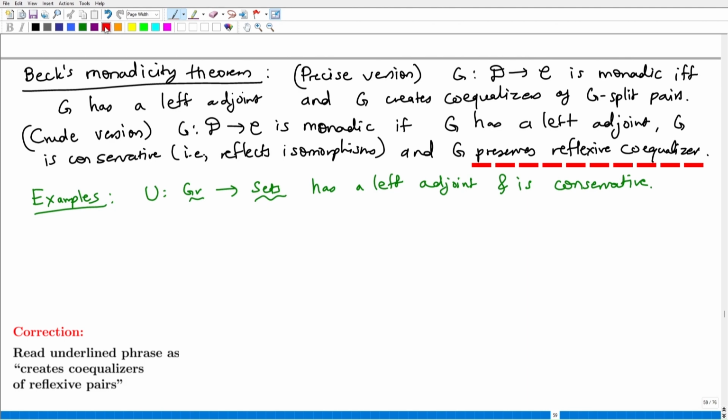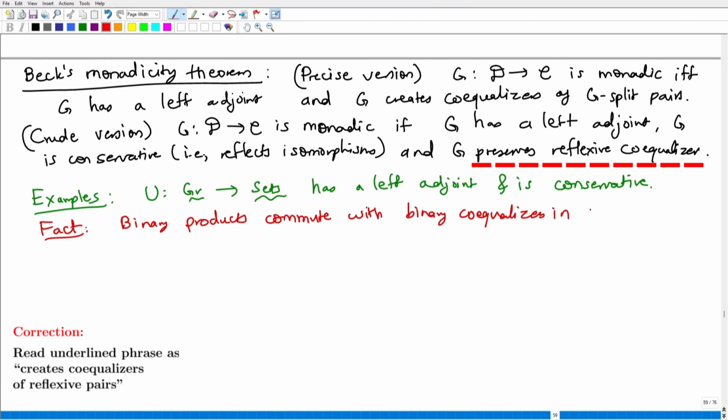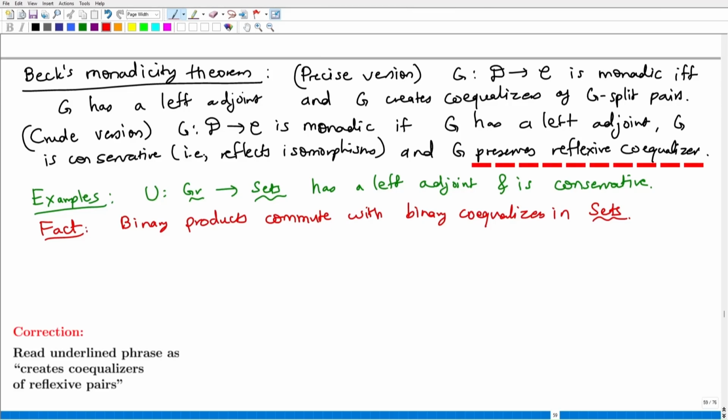Okay, so for that you are going to need a fact. Binary products commute with binary co-equalizers in the category of sets. You remember we talked about commutation of limits and colimits with each other, and we also used the word doctrine, logical doctrine, like what commutes with what.